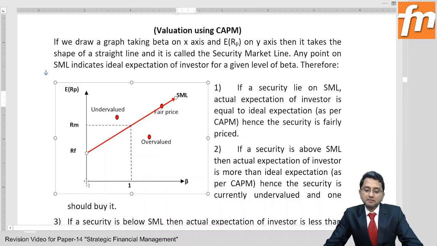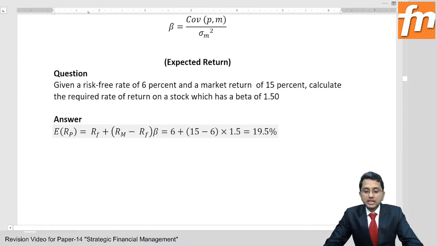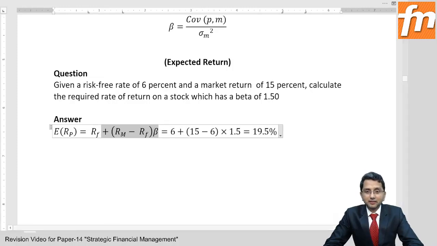First of all, when beta is 0 here, ERP is not 0. Look at this formula. Even if I put beta equal to 0, risk premium will become 0. But RF will still be there. So even if beta is 0, even if my risk is 0, I will still expect a return equal to the risk-free return. Quite logical.